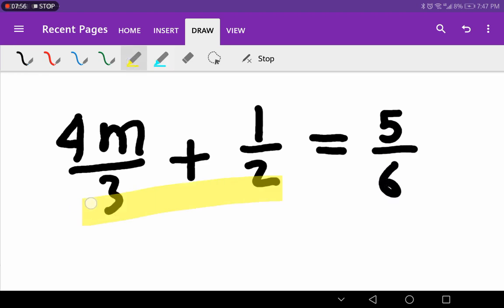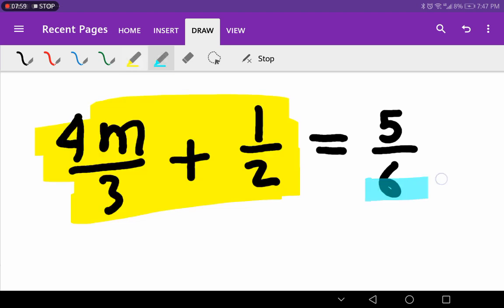As you see, this is the left side and this is the right side.